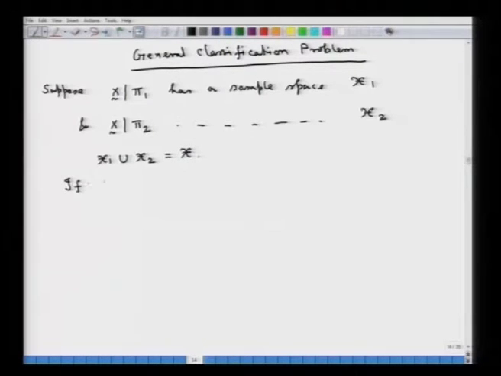Now, if script x1 intersection script x2 is equal to a null set, then there is no problem actually, because there will not be any misclassification.